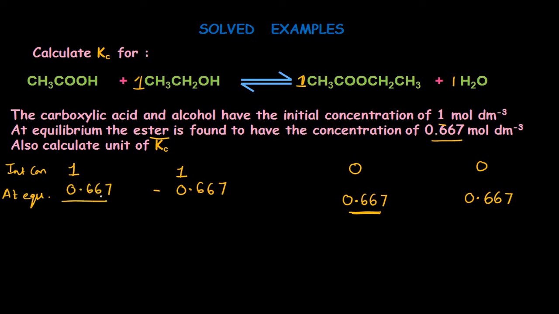So at equilibrium, the concentration of reactant left over is 0.333, and for the other reactant also it is the same. So at equilibrium, the concentration for the ethanoic acid is 0.333, same for the ethanol also, and the concentrations of products are given in the question.